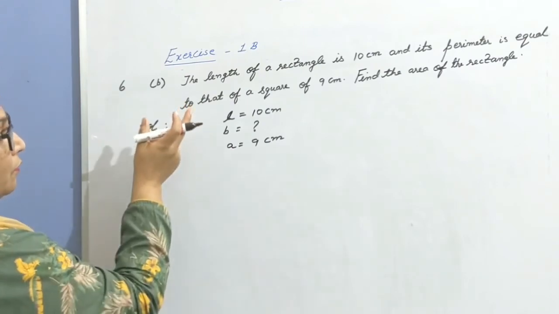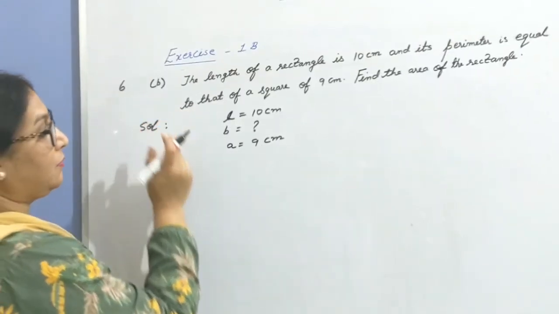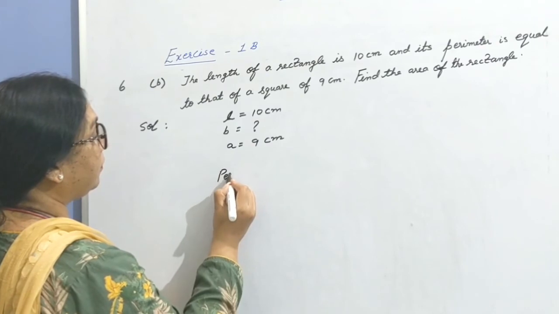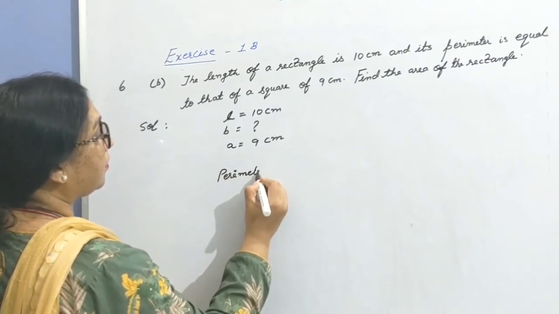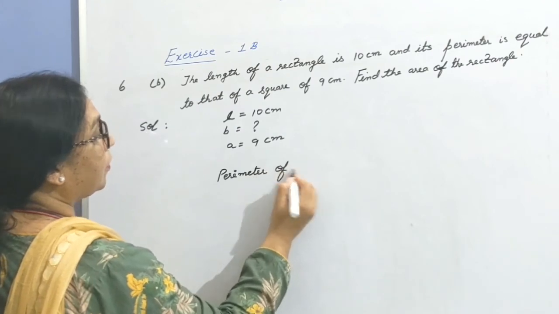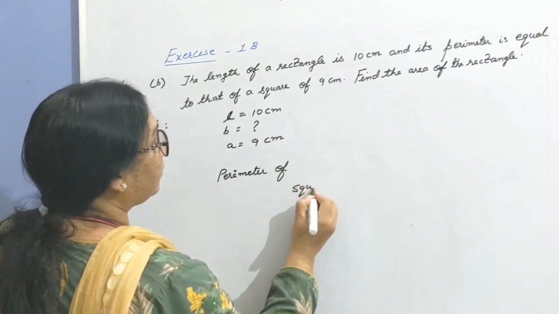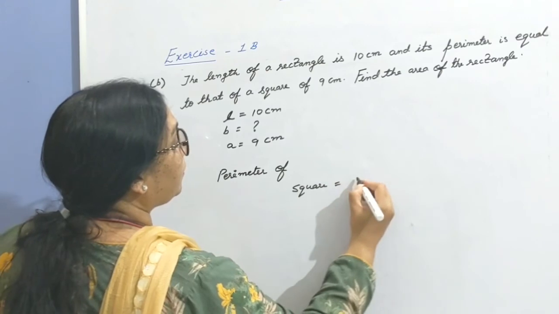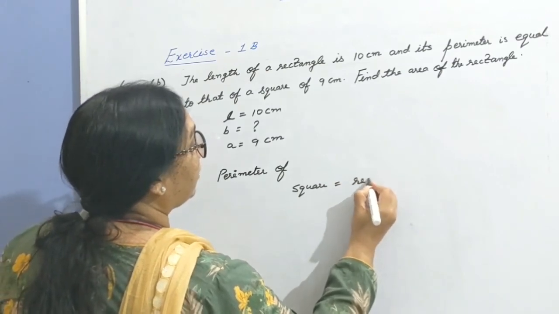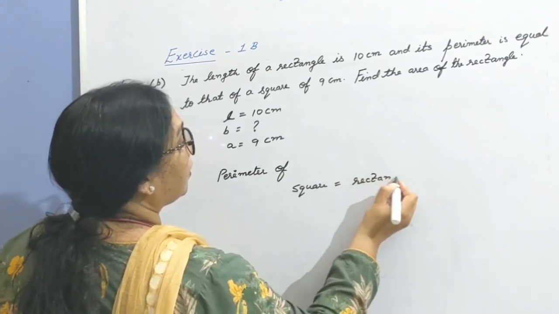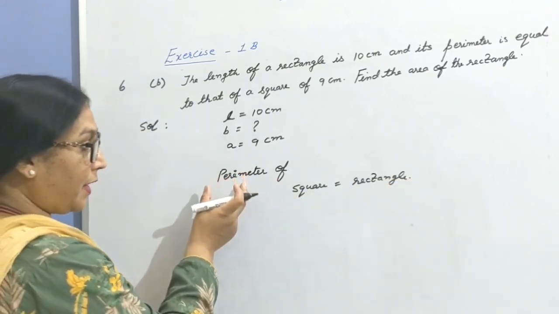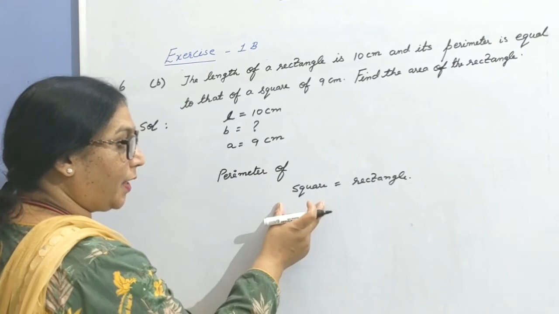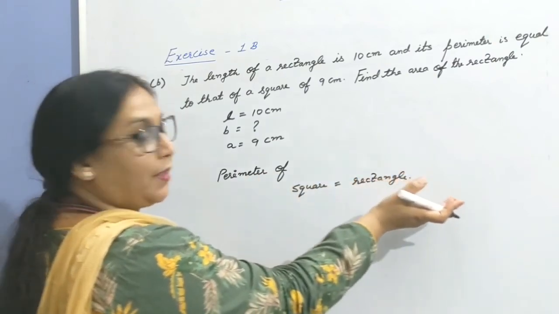Here the condition given is the perimeter of square equals the perimeter of rectangle. From here we'll start. First we'll try to find perimeter of square and same is the perimeter of rectangle.